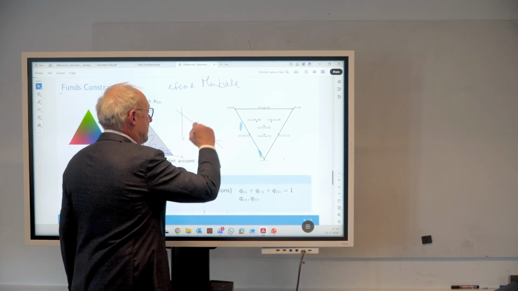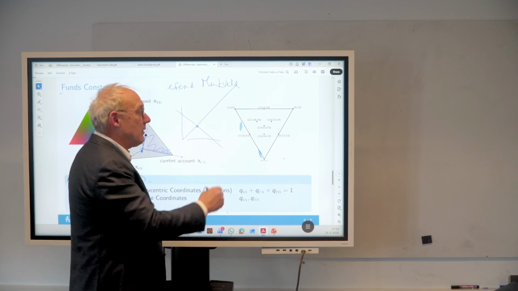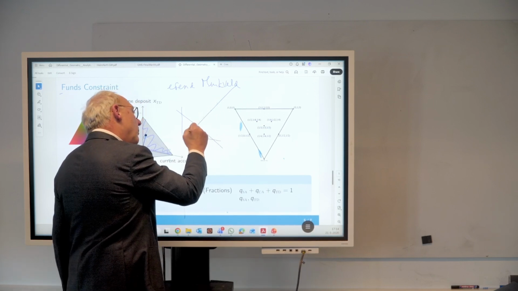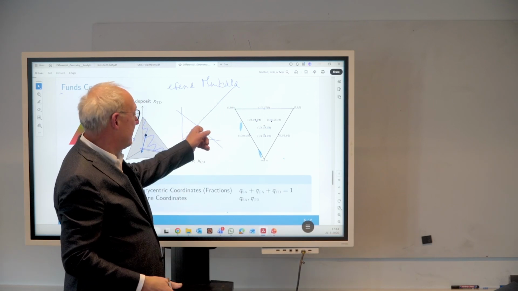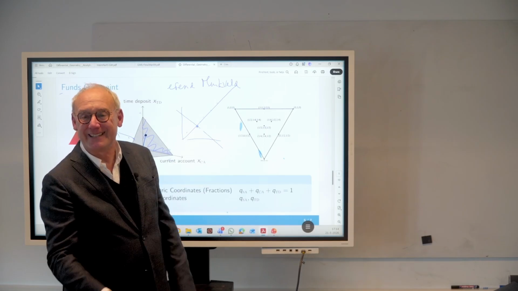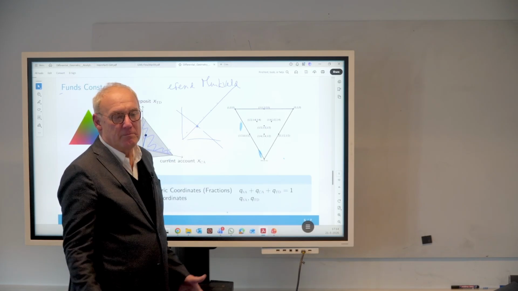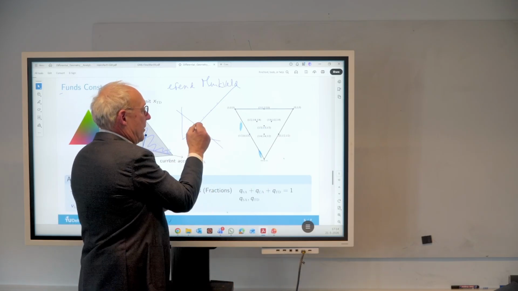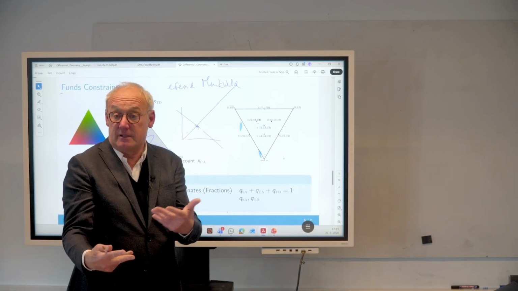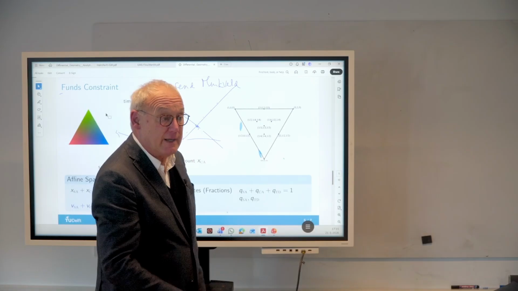But if I look at this space, this whole line is actually all the possible combinations that will have the same composition, because they all have the same relative fractions of the accounts.